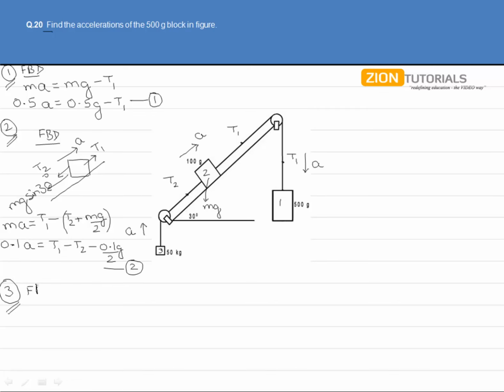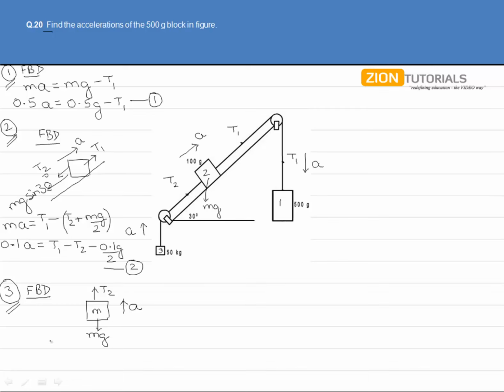Again, drawing the free body diagram for block 3, we can show a block of mass m having an acceleration A in the upward direction, a tension T2 in the upward direction, and a force mg in the downward direction.